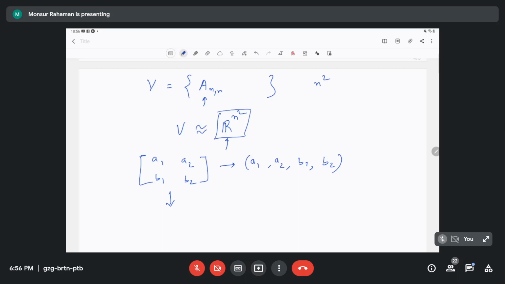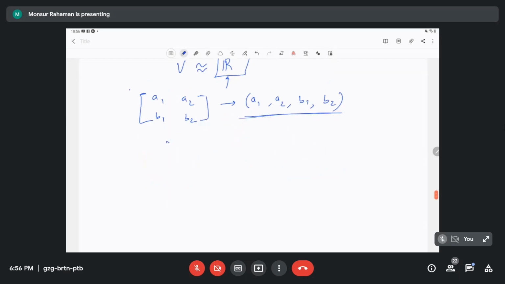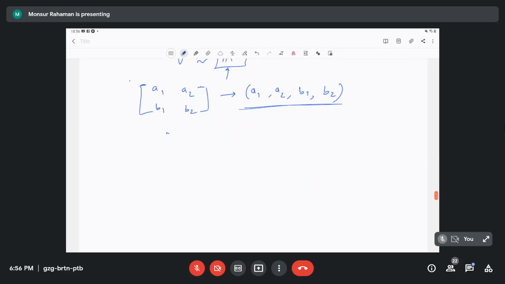But determinant is not a part of the vector space. Determinant is a different thing. It is not part of this vector space. As a vector space you can think of this as a vector of this kind. So all n by n matrices also form a vector space.